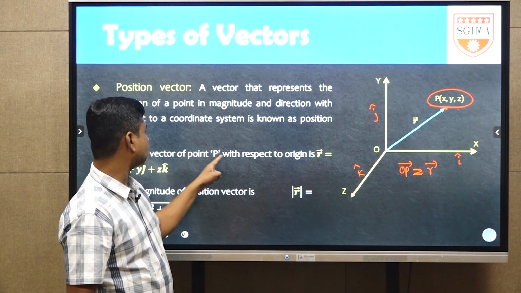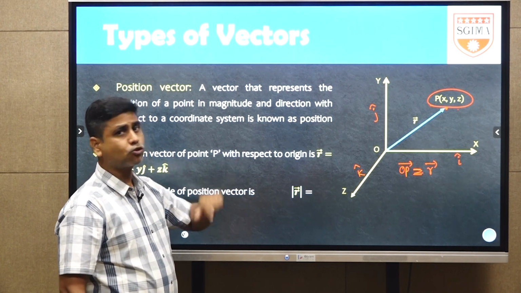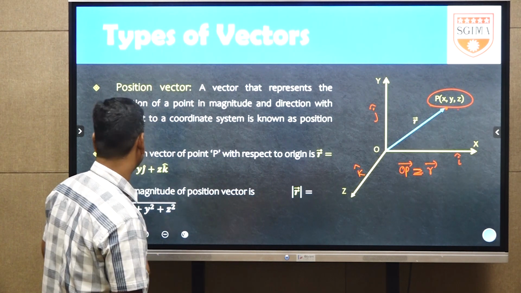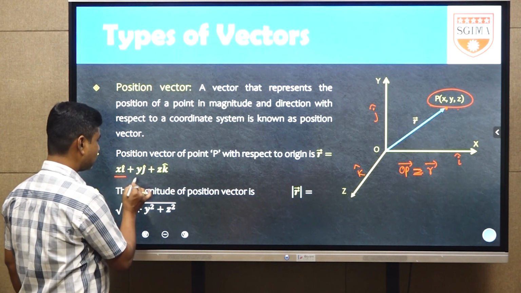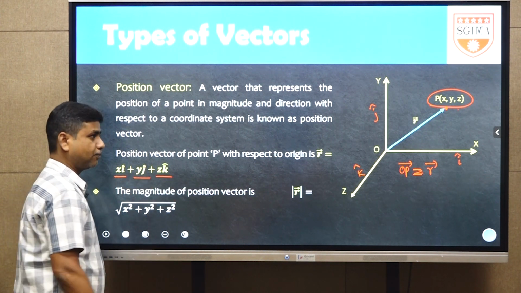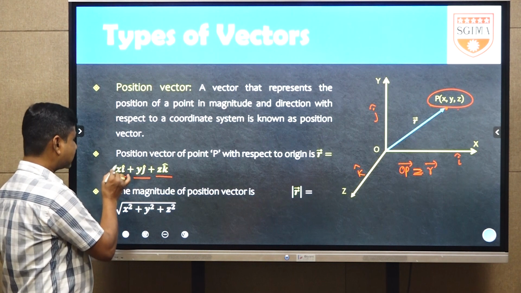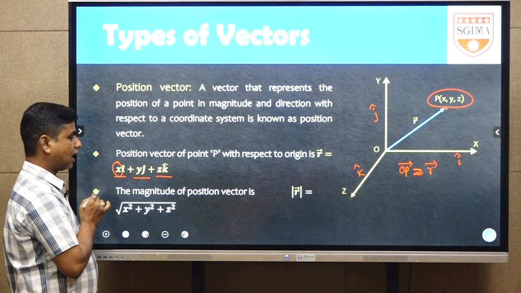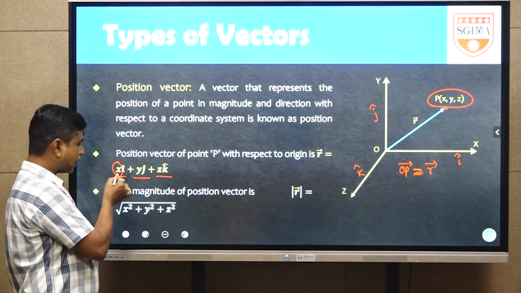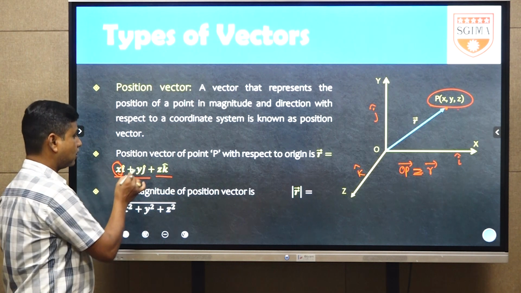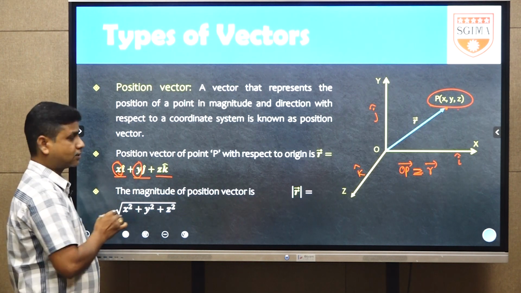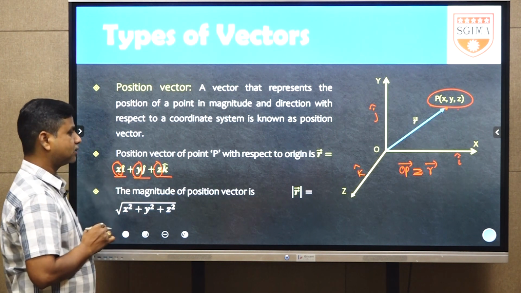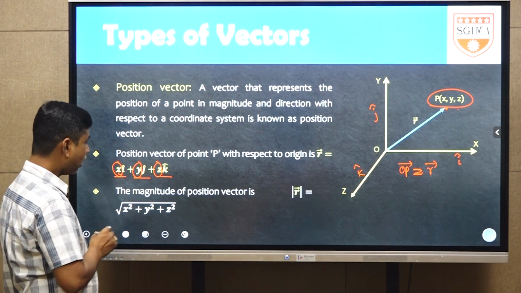That is why the position vector of a point P with respect to the origin is R bar equals x i cap plus y j cap plus z k cap. It means the x magnitude acts along the x direction, the y magnitude along the y direction, and the z magnitude along the z direction.